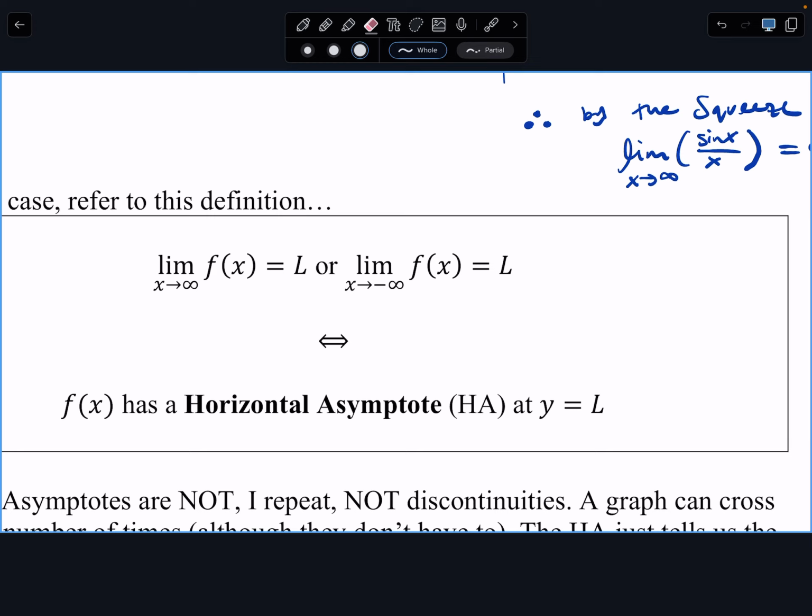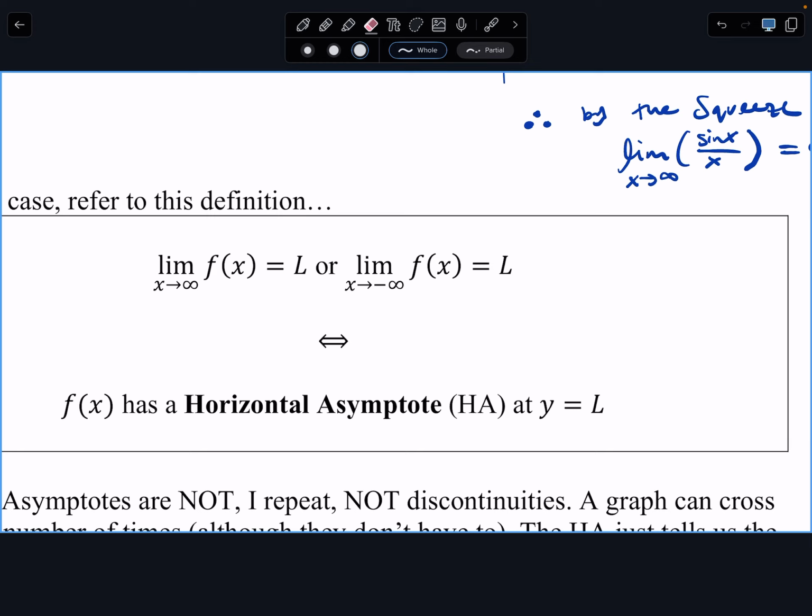In that case, you would end up having two different horizontal asymptotes, right? There's two directions. If a function's domain goes from negative infinity to positive infinity, there's two potential directions that you're considering end behavior for, where there could be horizontal asymptotes, right?